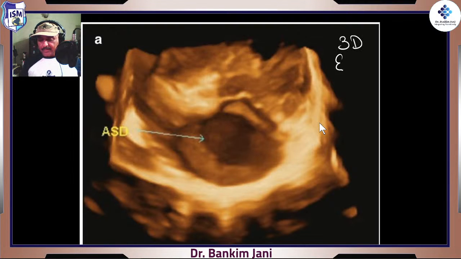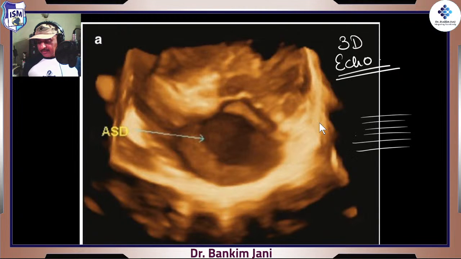That's what is called 3D echo. In CT or MRI, there is also something called 3D reconstruction. When you have taken all those sections, from every section you pick up an axis, take all those points, interpolate them, and come up with a 3D structure.